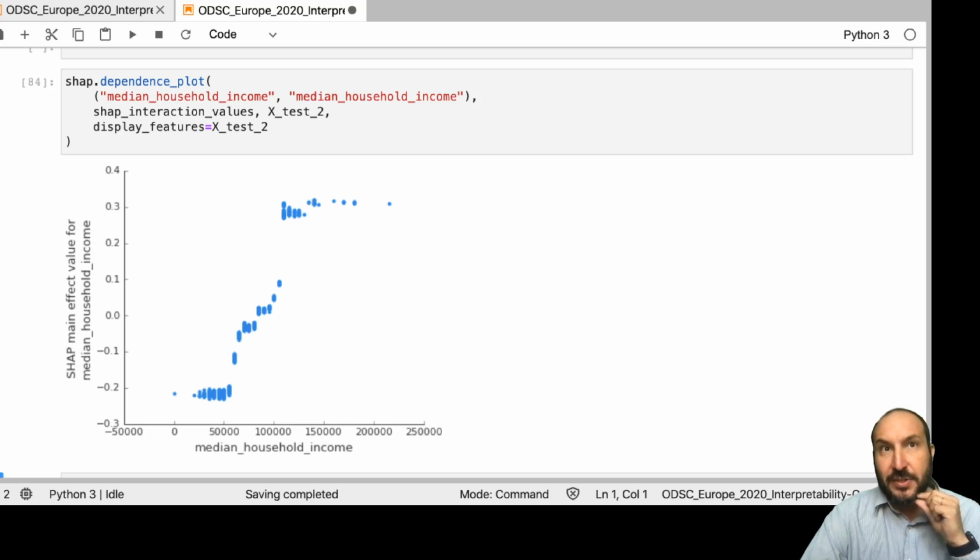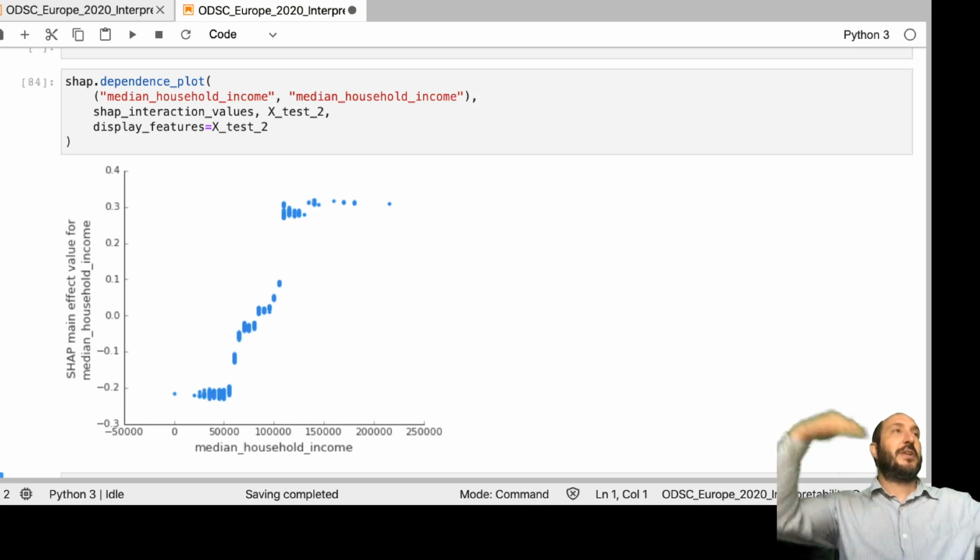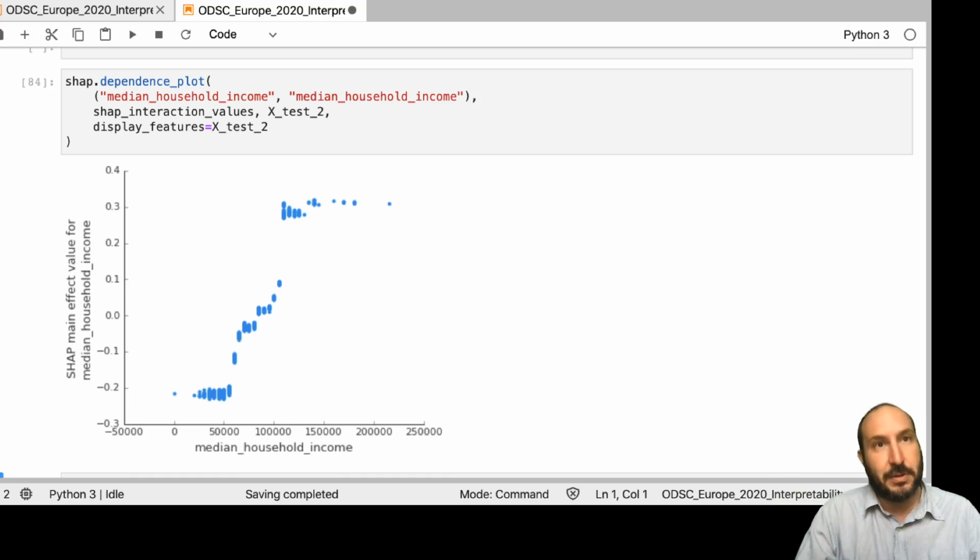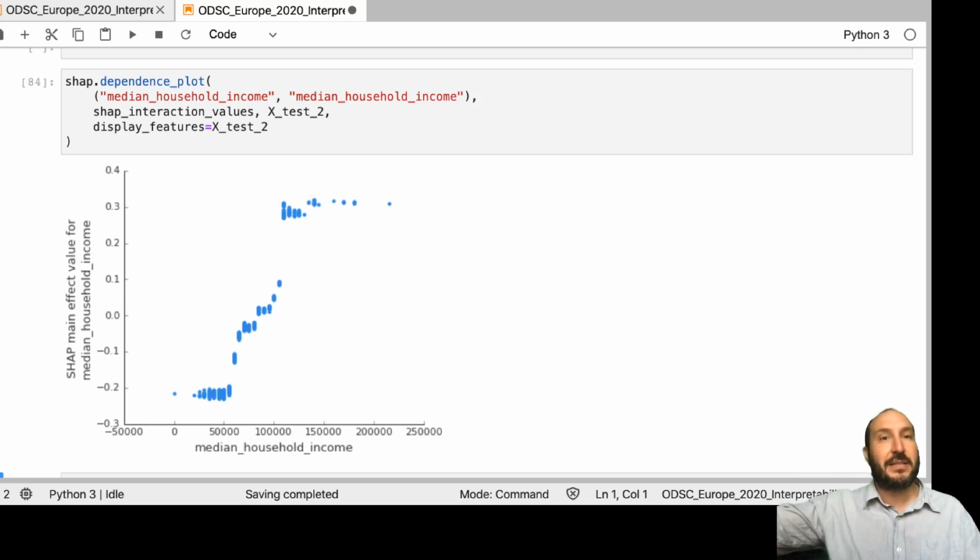But you see there's some vertical variation. Sometimes it was more, sometimes it was less. And the reason why it's more or less depends on the values of some other variables. So other variables might say, normally this would really increase my perception. Normally, when I learned you lived in a rich zip code, it would increase your probability by a lot. But now that I know this other thing, maybe it made the impact of the household income a little less or a little more.